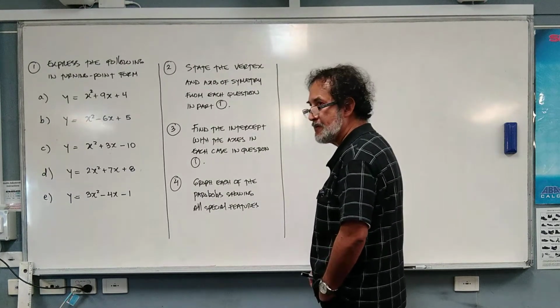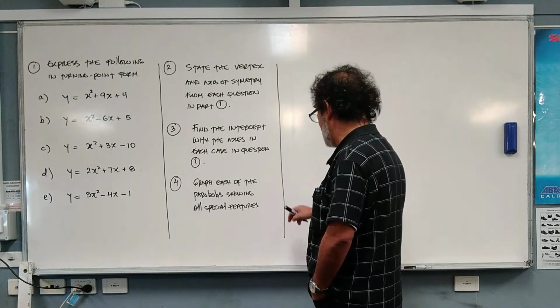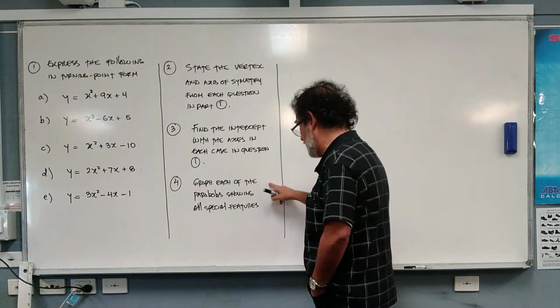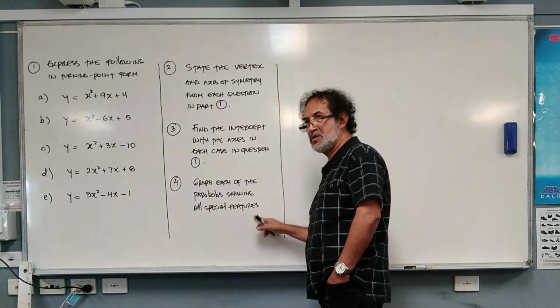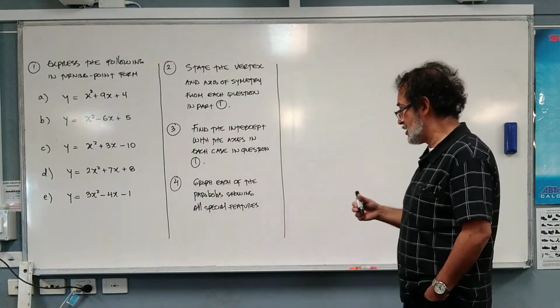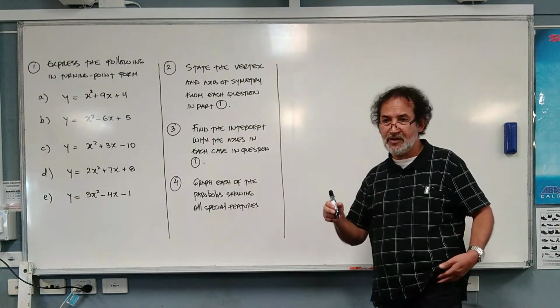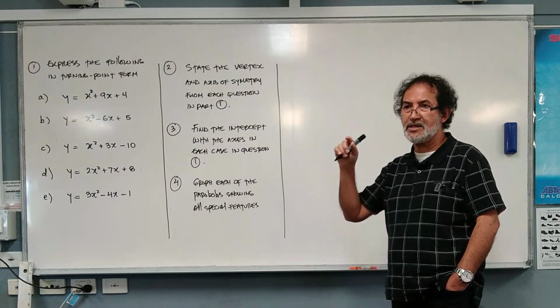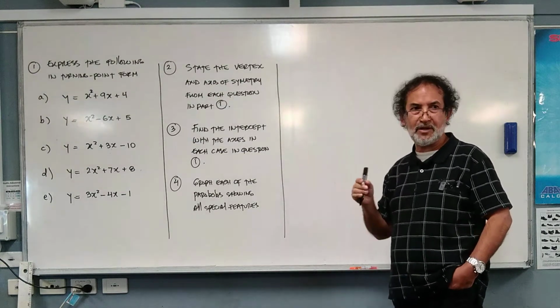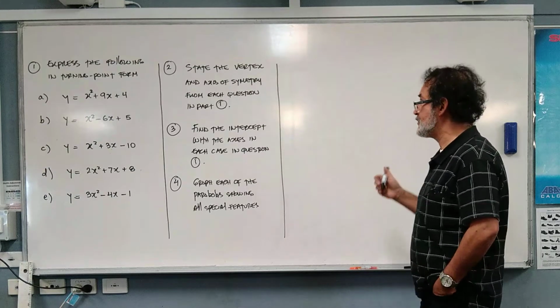So the set of the parabolas in number 4: graph each of the parabolas showing all the special features. When I say all the special features, or important features, I mean the intercept with the axis, the vertex, and axis of symmetry. Okay, so you need to show all that.